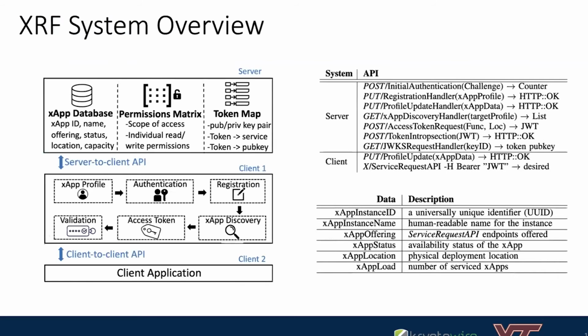Here you see the overview of this XApp repository function system. On the left side, at the top block, we see the server, which you might call the control plane of the service mesh. And in the middle, you see the client, which is the data plane, the XRF client, the sidecar proxy, which will be attached to individual XApps. The server will serve as an XApp database, much like the NRF for the 5G core VNFs.